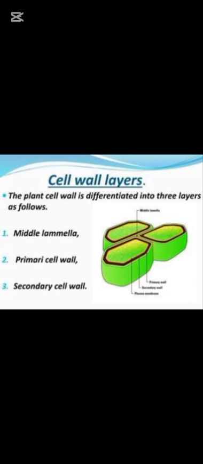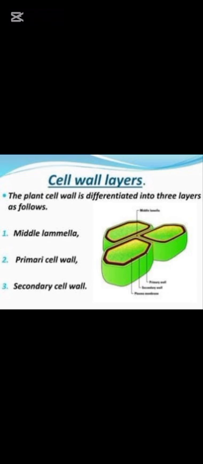From here in this picture you see that the outer boundary is called the primary wall, and it is made up of hemicellulose. What is hemicellulose? Hemicellulose is a simple arrangement of carbohydrate and pectin. So it is made up of cellulose and hemicellulose, that is the simplest arrangement of carbohydrate.